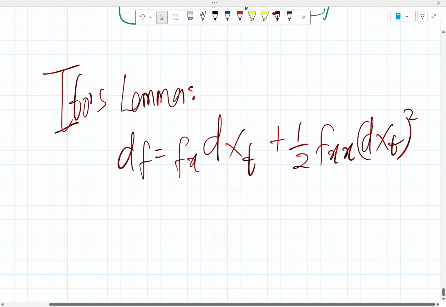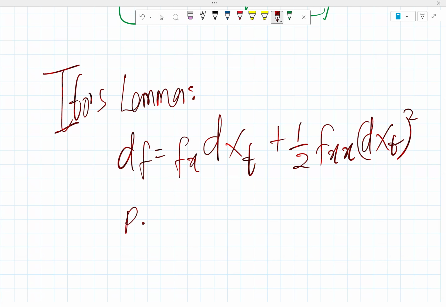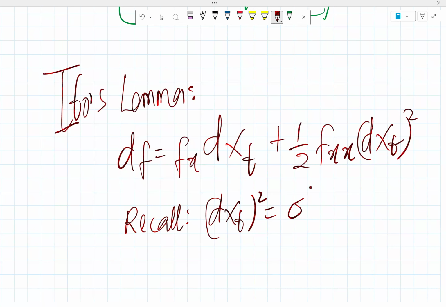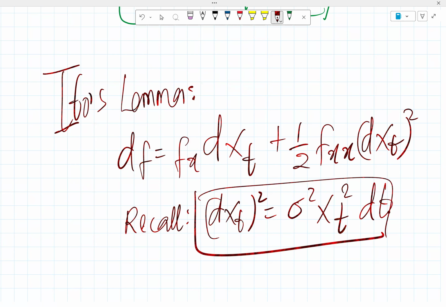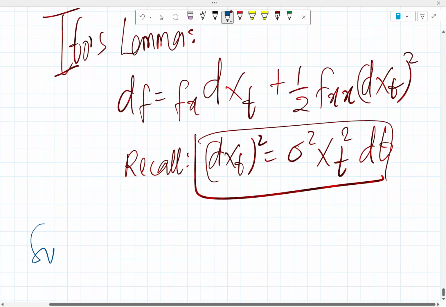Of course, we can recall that (dx_t) all squared is sigma squared x_t squared dt. So recall this. If that is taken care of, then we can substitute.